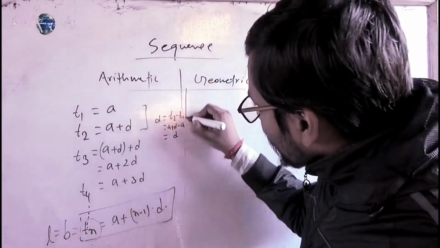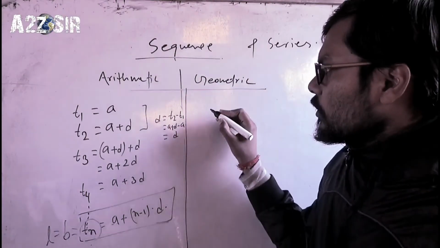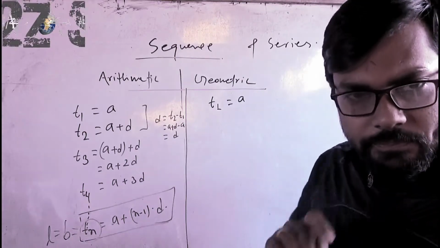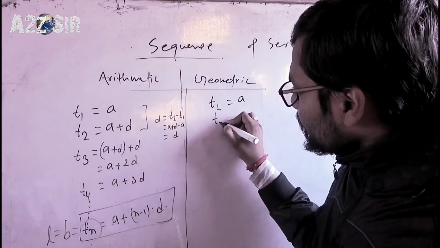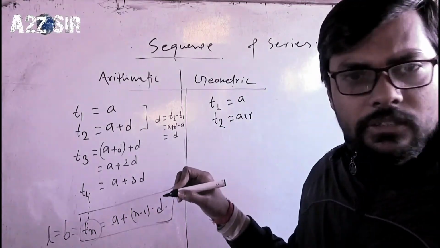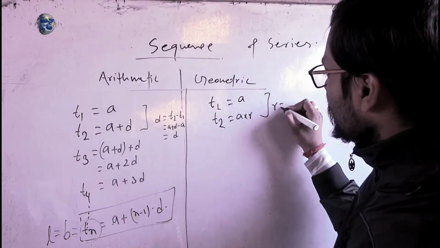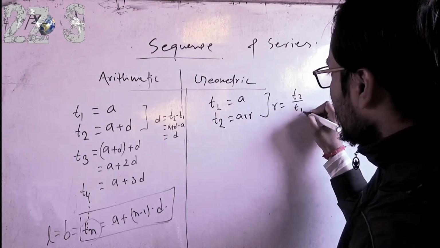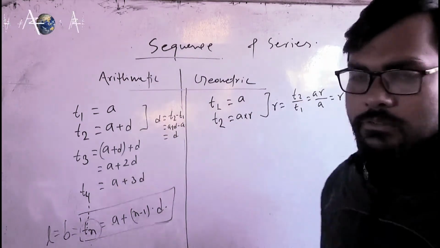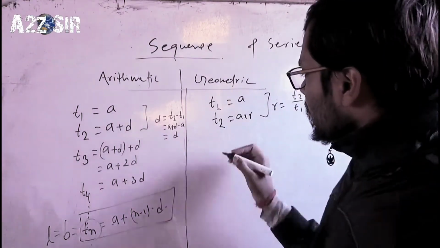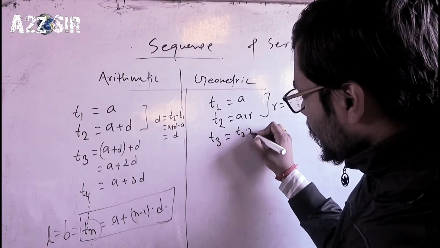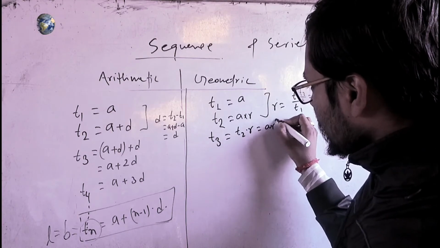Similarly, you have a geometric sequence, which has the same type of pattern. T1 is a, T2 becomes a into r. Then the ratio is equal to T2 by T1, and it becomes ar divided by a, which is r. In this way T3 becomes T2 into r, that is ar squared.